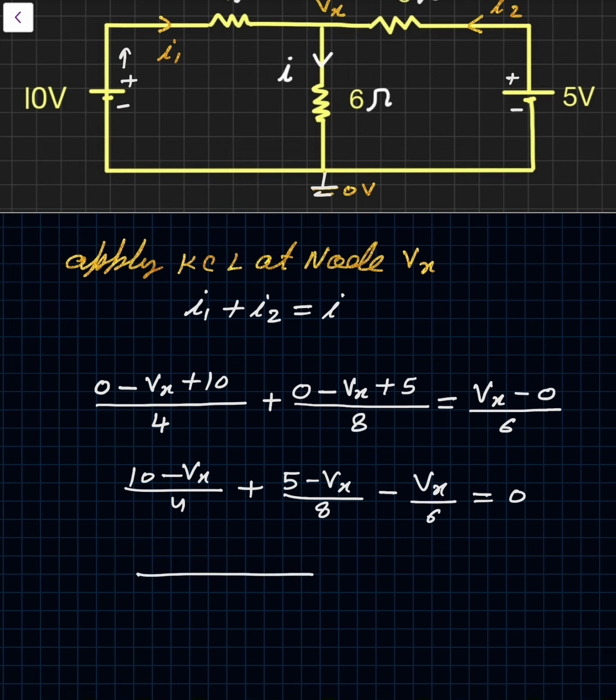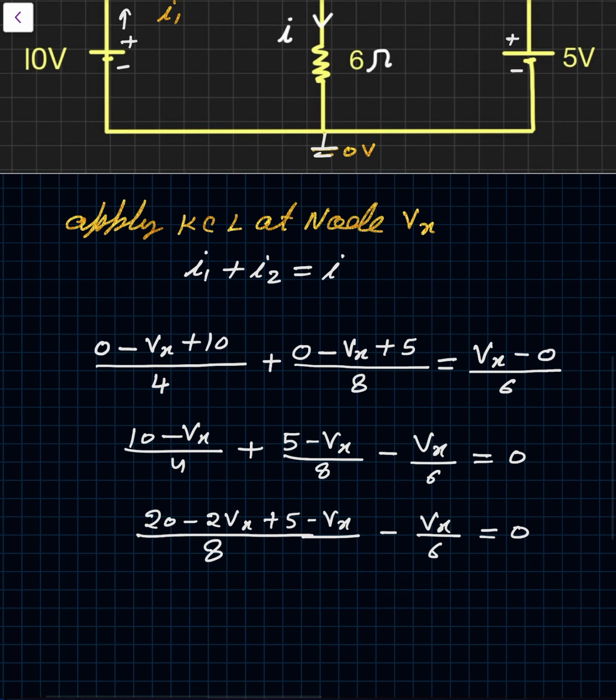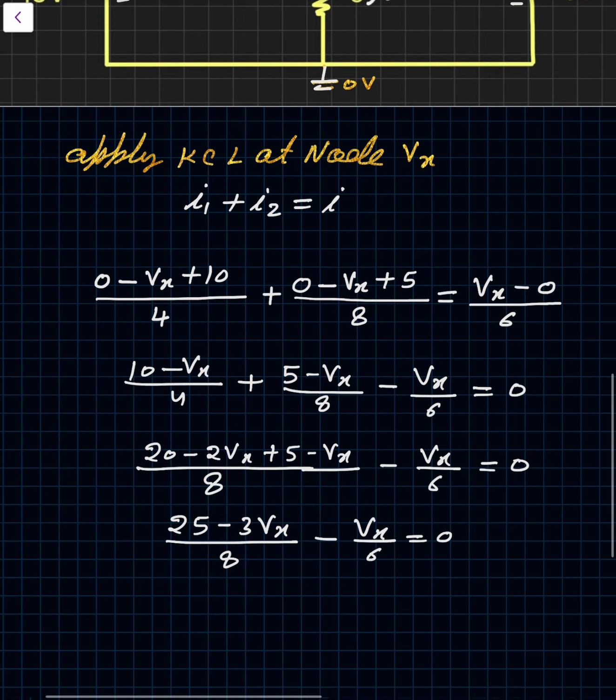After solving these two, we got 8, and that is (20 minus 2Vx plus 5 minus Vx) divided by 8 minus Vx by 6, clear or not? That is (25 minus 3Vx) divided by 8 minus Vx by 6, this is equal to 0.